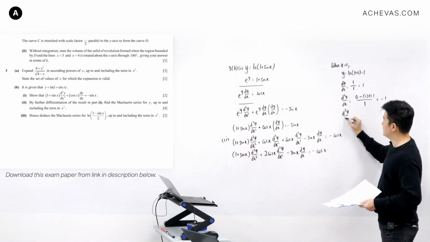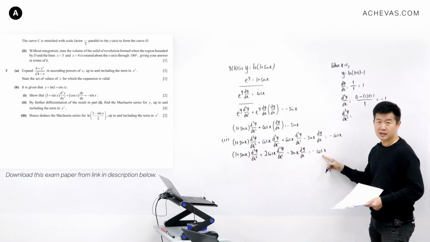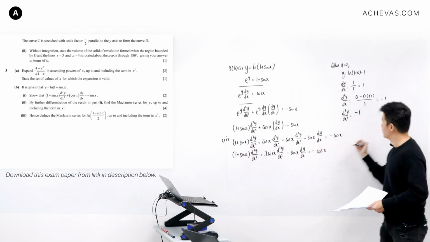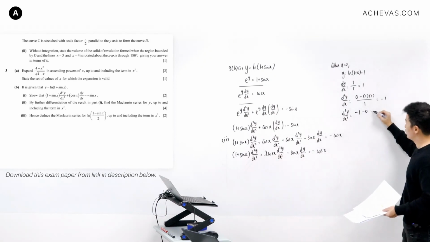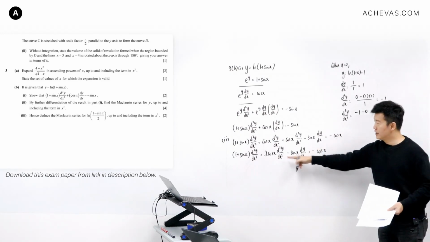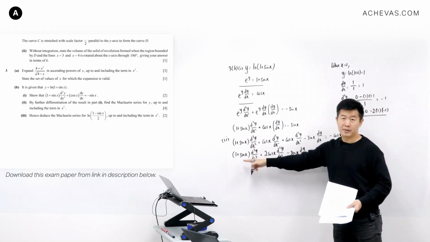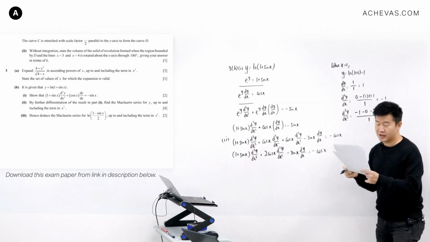And d³y/dx³ is going to be minus cosine 0, which is minus 1, then this is going to be 0, and this is going to be minus 2 cosine 0, which is 1, times d²y/dx², which is minus 1, divided by 1 plus 0. So this will be 2 minus 1 divided by 1, which is equal to 1 for d³y/dx³.